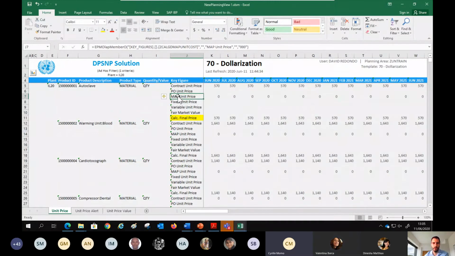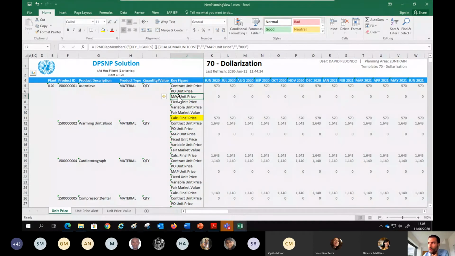Okay. So the moving average price is the price that is registered in the system as per the inventory, considering, let's say, the different purchases of a particular product for an entity. So it's an average price for the product that we have in inventory, considering the history of purchases.